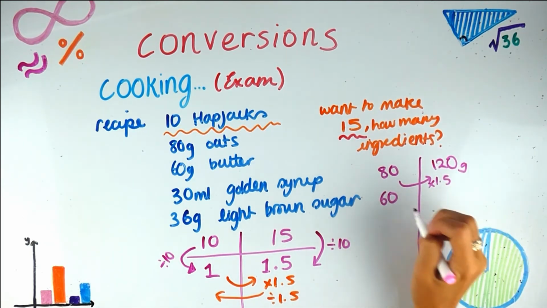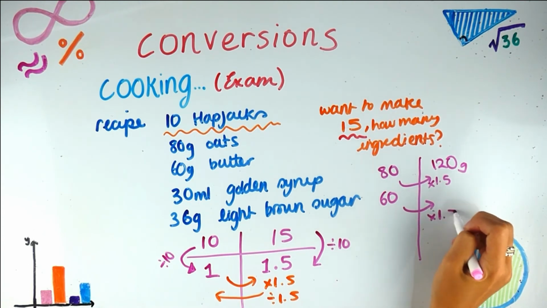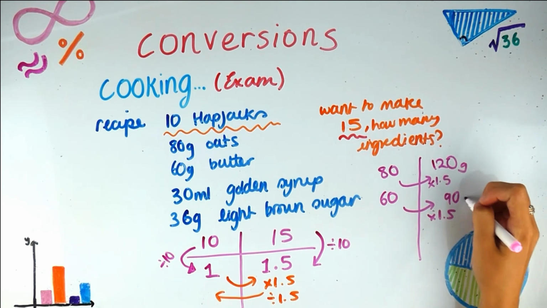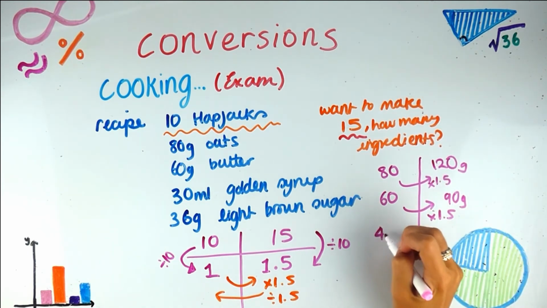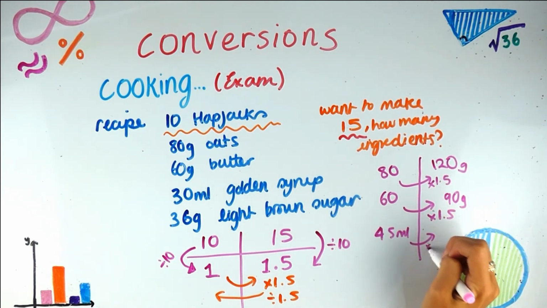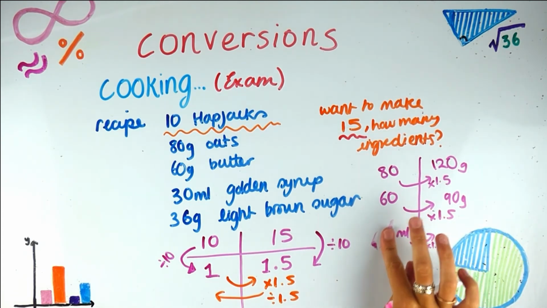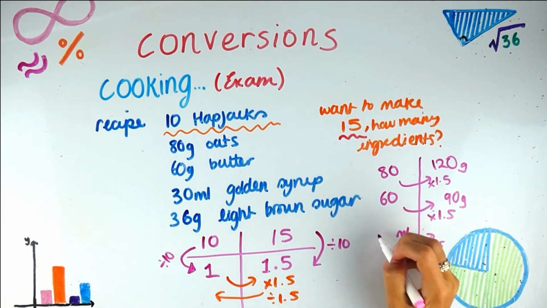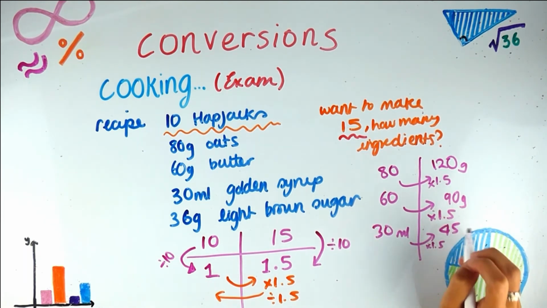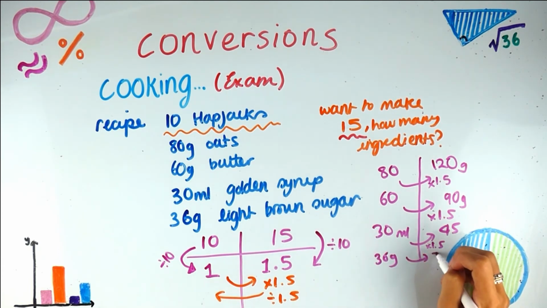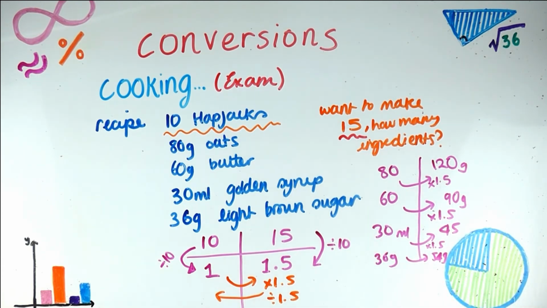If I had 60 grams of butter, I would multiply by 1.5 again, and that would give me 90 grams for the 15. 45 millilitres, multiply by 1.5. This is just another way of doing it. Oops, spoiler! 45, and then if I have 36 grams of sugar here, I need 54 grams for the 15 recipe. So yeah, that's just two different ways to look at it.